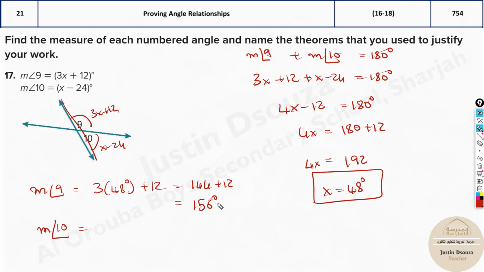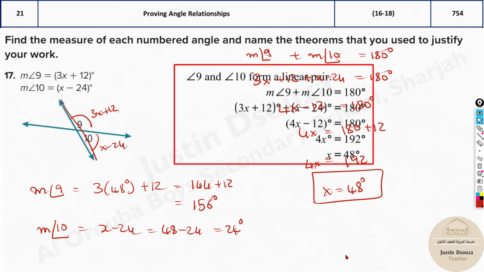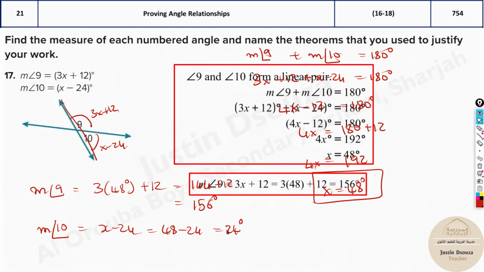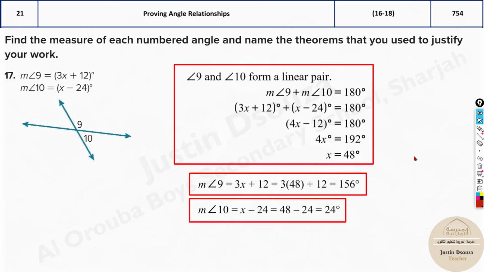Now over here you can do 180 minus this, or let's solve it as x minus 24, that is 48 degrees minus 24 degrees, that's 24 degrees only. So it's 156 for the measure of angle 9 and 24 for the measure of angle 10. So you can see it's 156 and 24, and the x value was 48 degrees.